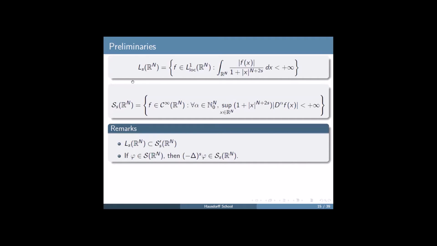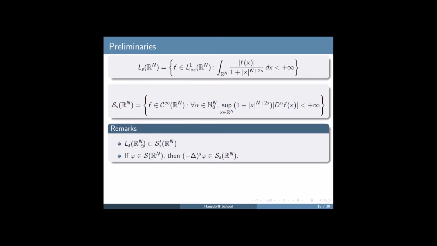Also, some spaces which are connected with the fractional framework: L_s(R^n), this is the set of locally integrable functions in R^n so that you can control in this way the tail of the function. And then here we have a kind of Schwartz class, again adapted to the fractional framework. So we have this space. And here we have some comments which will be useful for the definition of solution that we are going to consider for the fractional problem.